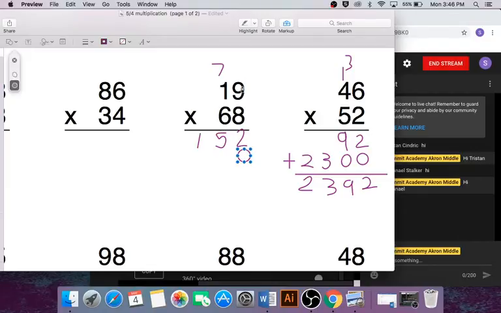We're going to do 6 times 9, which is 54. We put down our 4. We carry our 5. We're going to do 6 times 1, which is 6, plus 5 is 11.